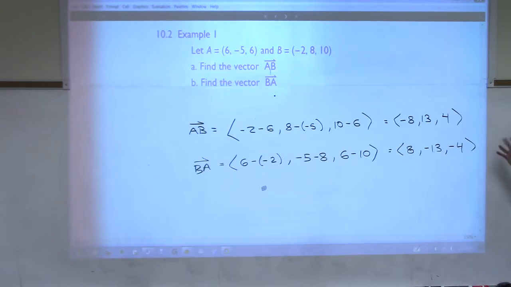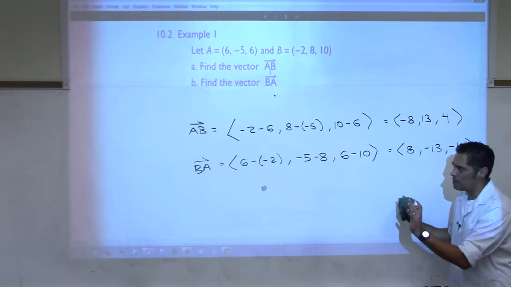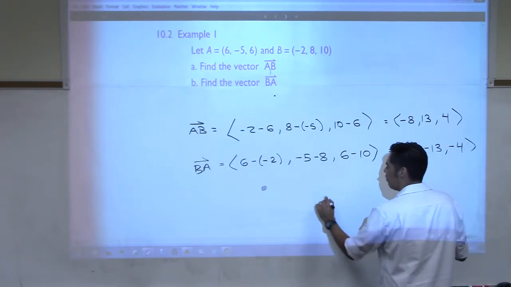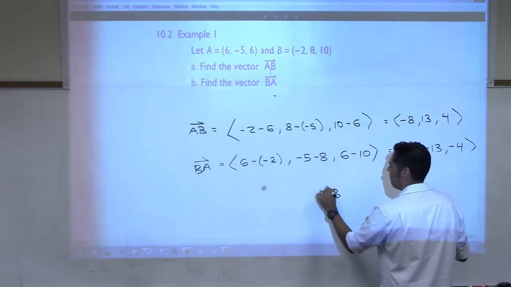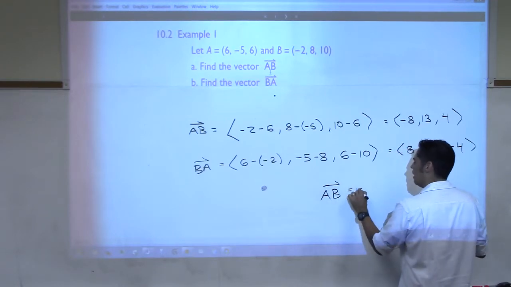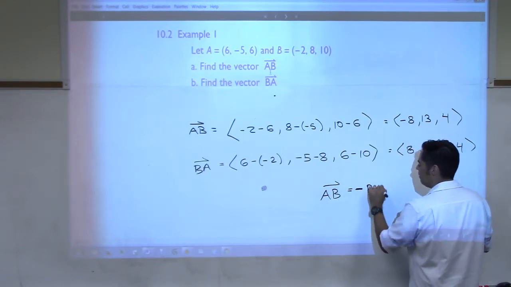So really, what's the difference between these two? Well, they're equal and opposite in direction. They're almost the same except everything's negative, like multiplied by -1. Just change signs. We haven't talked about multiplication yet with vectors, but I wonder if it's even possible to talk about negatives of vectors.